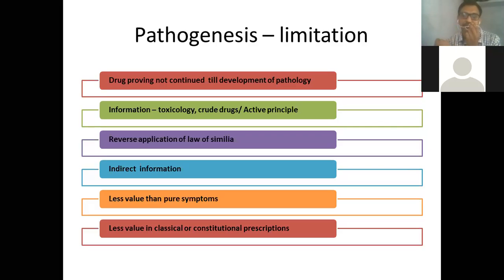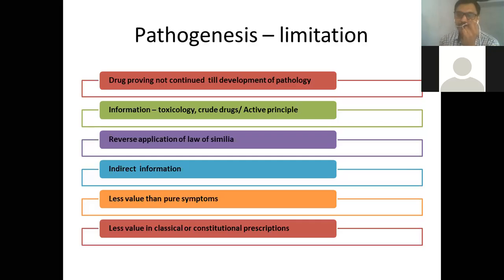If Cinchona produces fever, it must be having a certain action on the hypothalamus, on the temperature controlling center, and then it is mentioned in the Cinchona pathogenesis: this drug, Cinchona, has a profound effect on the hypothalamus, producing symptoms like that of fever. So remember, it is a reverse application of the law of similia.